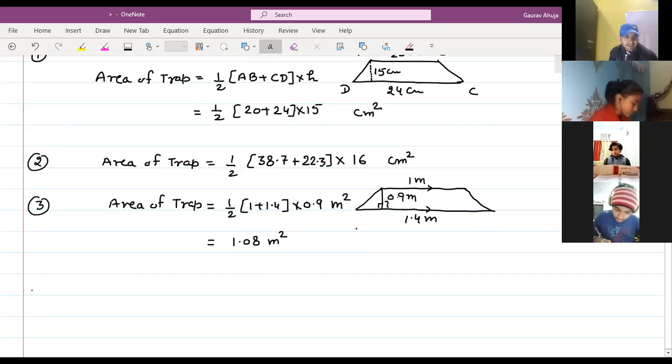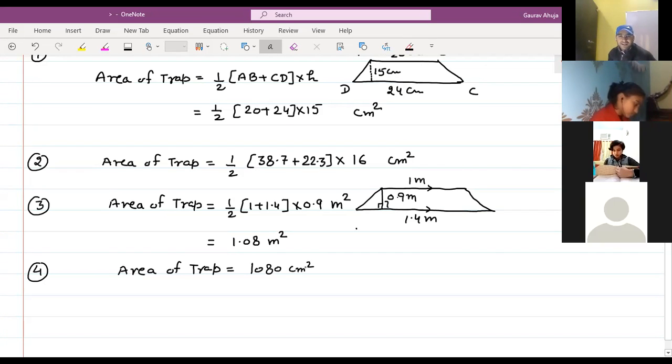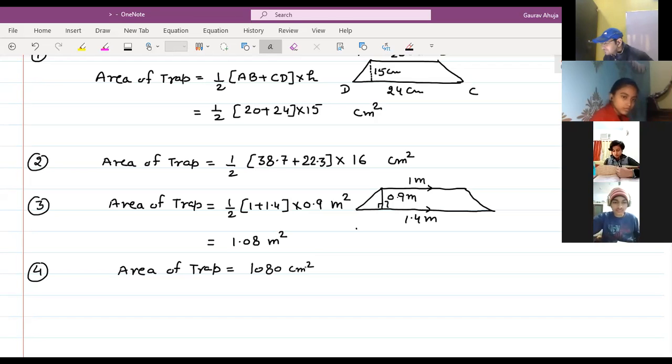Now try the fourth question. In the fourth question, the area of trapezium is given. Now here it is reversed. The area of trapezium is given, that is 1080 centimeter square. The lengths of parallel sides are given.